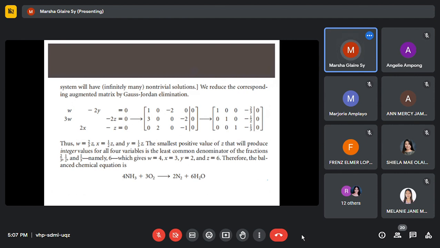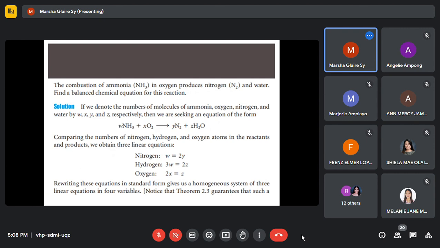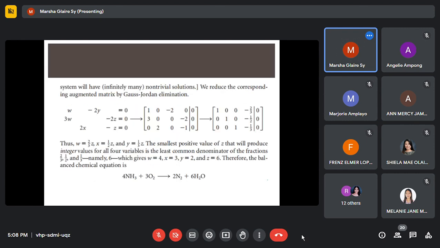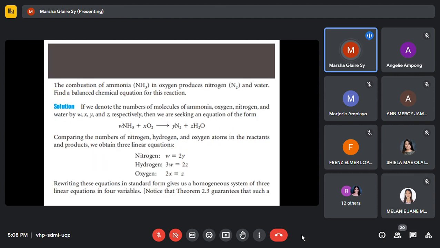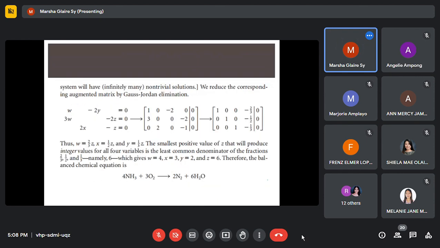And there's no oxygen and no hydrogen. And we have here our Z, which is 0, -2, -1. It is negative because it belongs on the other side of the equation. So we will be using negative. So we have here 0, 0, 0.